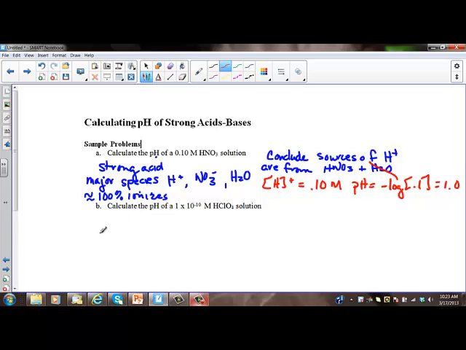Here we have calculate the pH of a 1 times 10 to the negative 10 molar HClO4 solution.